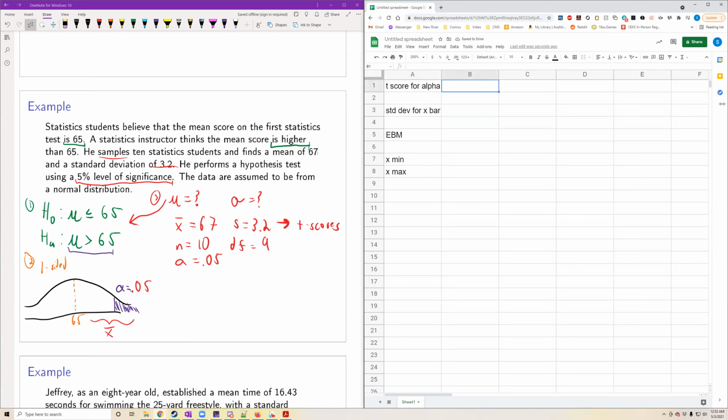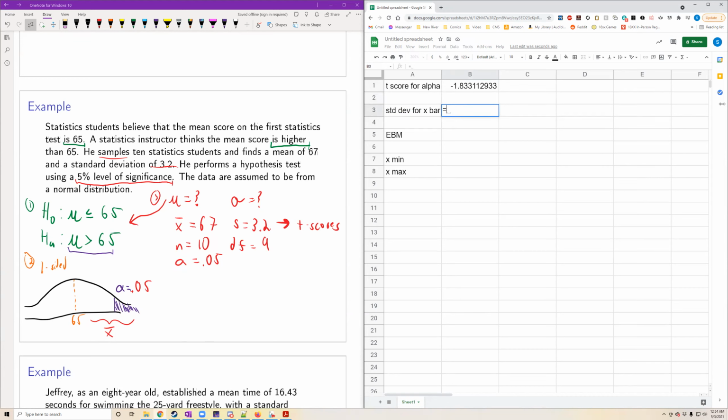Now the t-score, unlike normally, we are not dividing by 2 because it's a one-sided test. We only want to use the regular alpha. So equals T.INV of 0.05. Our degrees of freedom is 9. So that'll be 1.833. Remember, the T.INV needs a dot, and I got a negative value, which means I remember to use the correct formula.